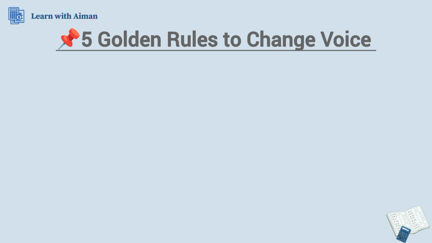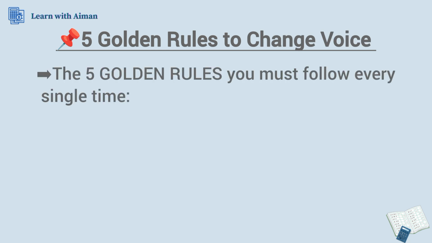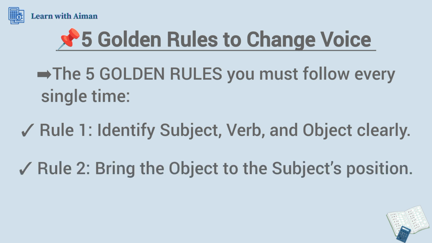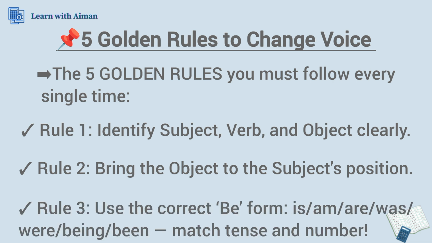So I have here 5 golden rules to change voices. Now here's the heart of this video: the 5 golden rules you must follow every single time. Rule number 1, identify subject, verb, and object clearly. Rule number 2, bring the object to the subject's position. Rule number 3, use the correct be form: is, am, are, was, were, being, been, matching tense and number.